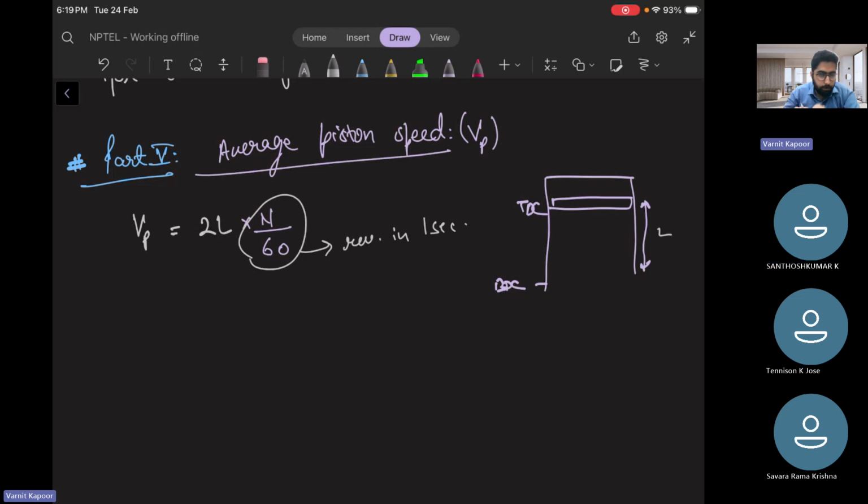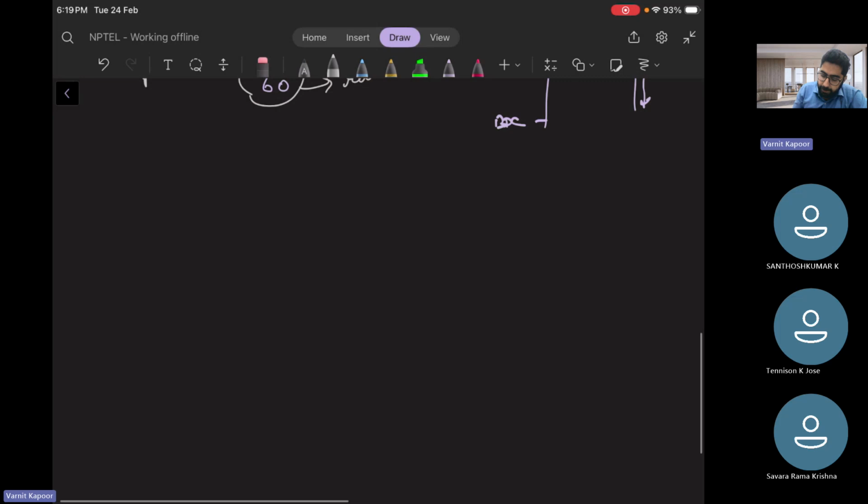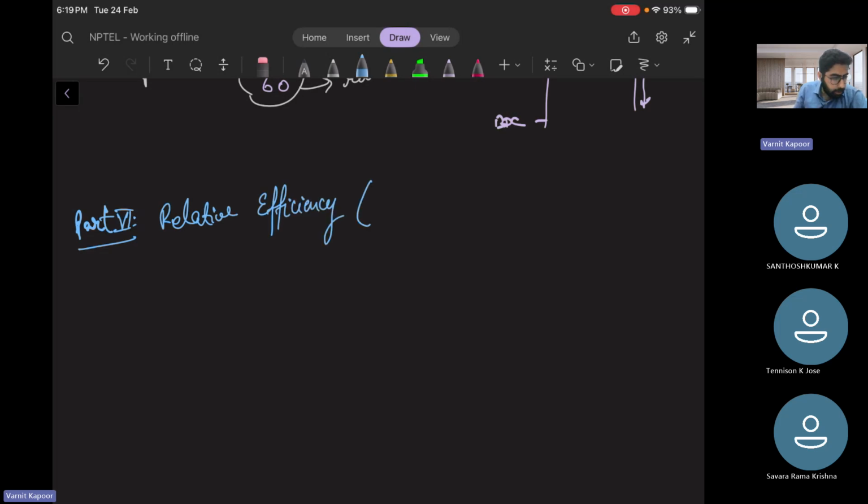Now what will be relative efficiency? Part 6. I am telling all these because I'm going to give a numerical now. The symbol is eta relative.